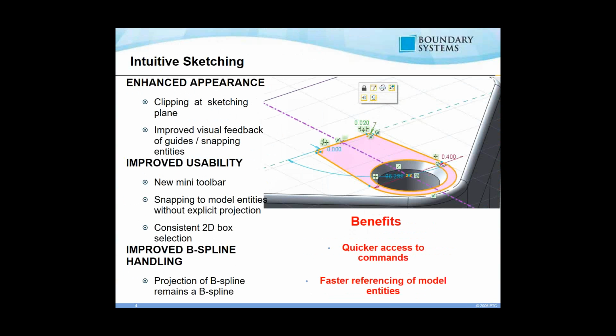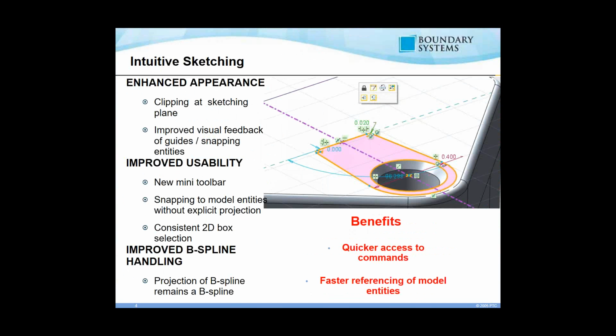All right. So specifically as it's in Sketcher, what are some of the improvements or differences? So first off, they've dramatically improved the appearances in Sketcher. You can clip your model at your sketch plane right now. So you can sort of imagine it's like a combination of a section view, plus imagine you're sketching in a section view.